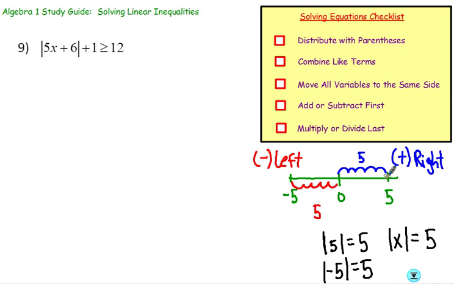So there are 2 answers there that would make this true. In the same way, there are 2 numbers that would make this true. We just don't know if it's coming from the right side, where the positives are, or the left side, where the negatives are.